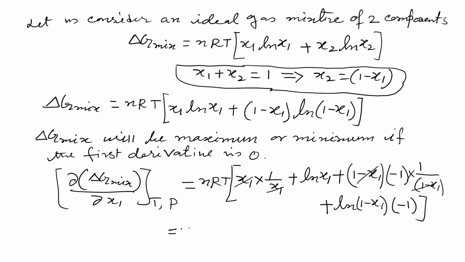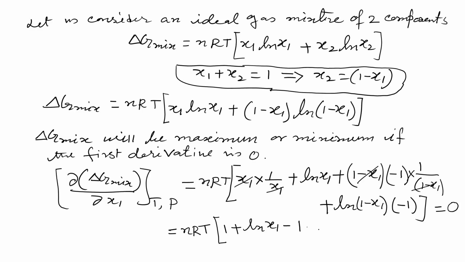Left over is nRT, then this is 1 plus ln x1. Okay. Then this is getting cancelled, so minus 1. Okay.